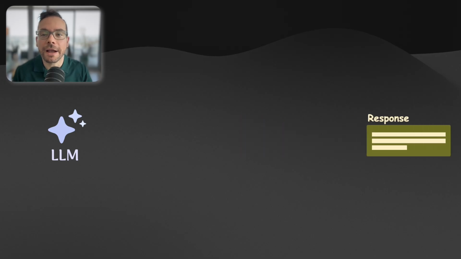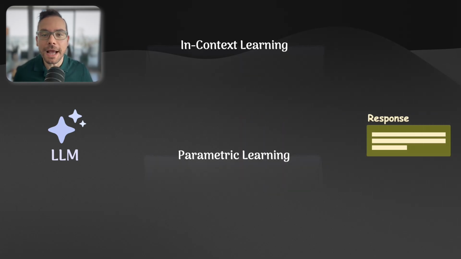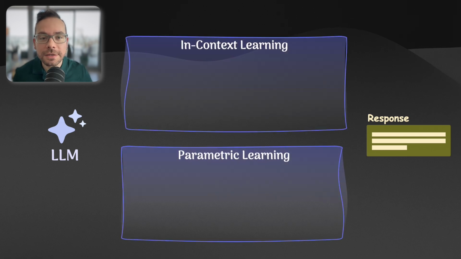Retrieval-Augmented Generation, or RAG, is the most essential architectural paradigm in LLM deployment. Let's see where RAG fits into our LLM engineering stack. When adapting LLMs to a specific task, we generally choose between in-context learning and parametric learning.